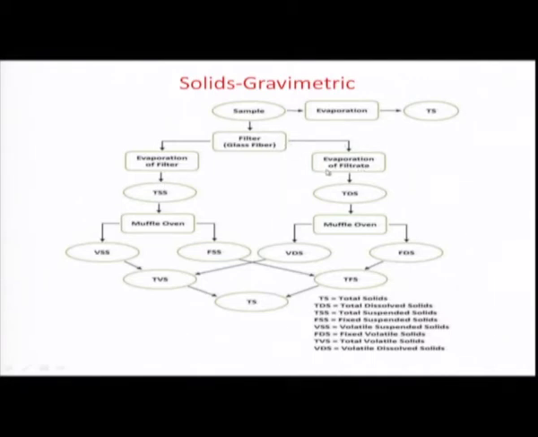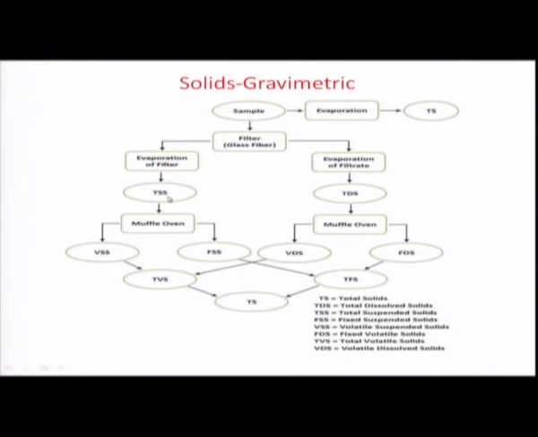The evaporate of the filtrate, the clear water that comes in the filtrate, if you evaporate, the remaining amount is called TDS, whereas the part retained on the filter is called total suspended solids. So by measuring total solid and total dissolved solid, the difference will give you the total suspended solid.